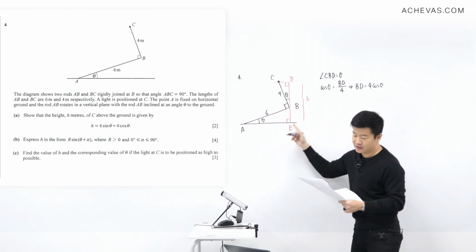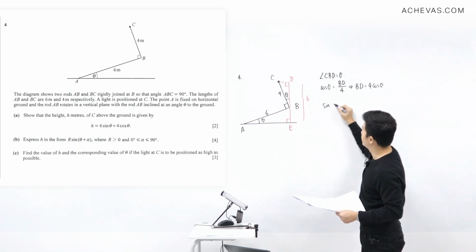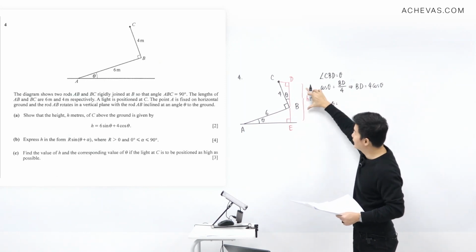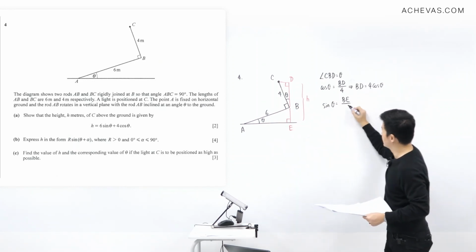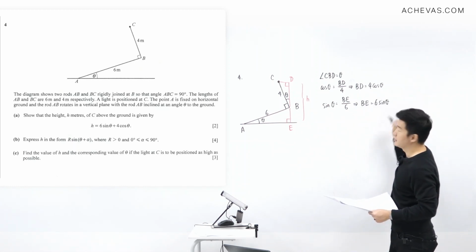As for this triangle over here, I'm going to make use of sine. So sine theta is going to be equal to the opposite, so I can involve a length that is going to give me h. Opposite, which is BE, over the hypotenuse, which is 6. This tells me that BE over here is 6 sine theta.